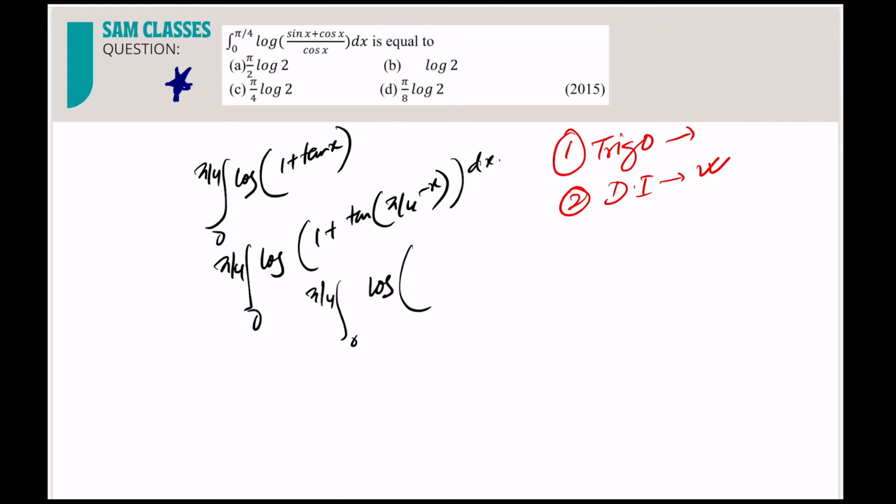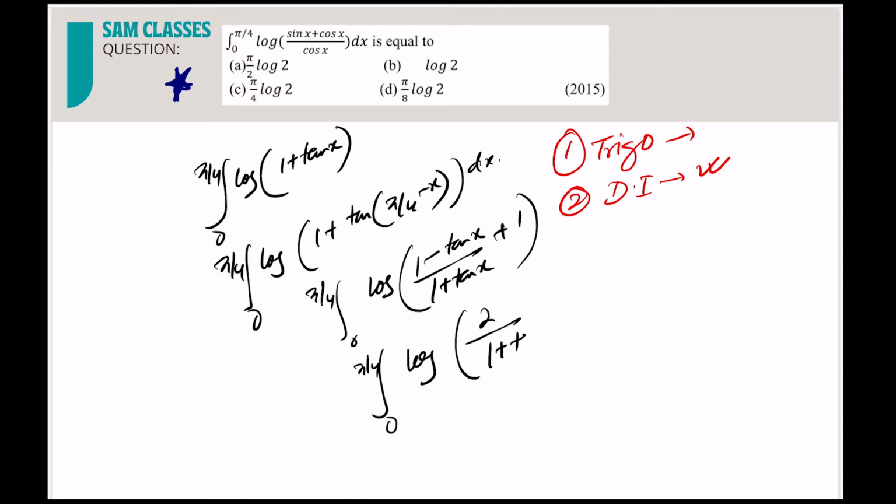Log of (1 minus tan x) by (1 plus tan x), plus 1. Correct. Now if you just add it up or do the LCM, what you'll get? Log of 2 by (1 plus tan x). Now see, understand, in all the values, log 2 is common. So log 2 will be coming, that is confirmed.